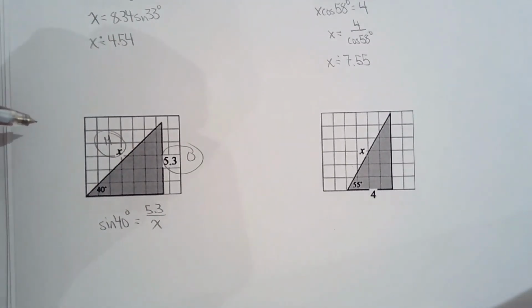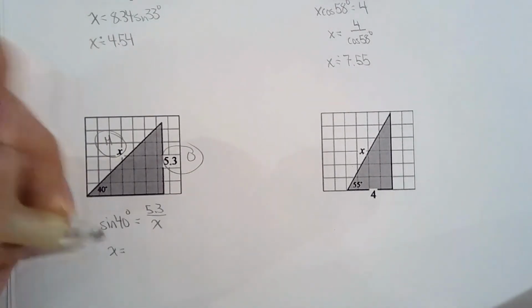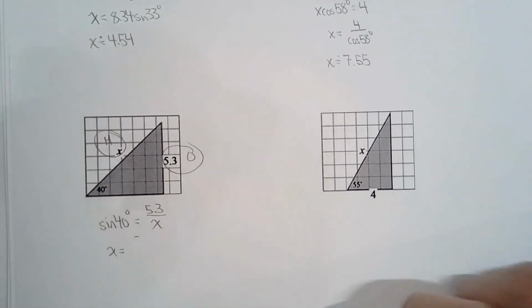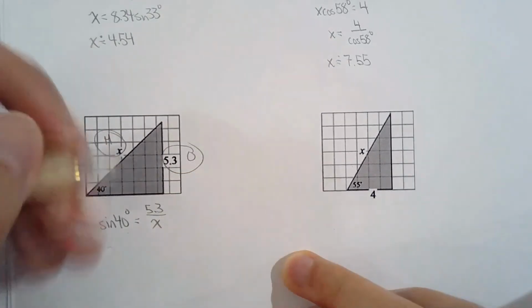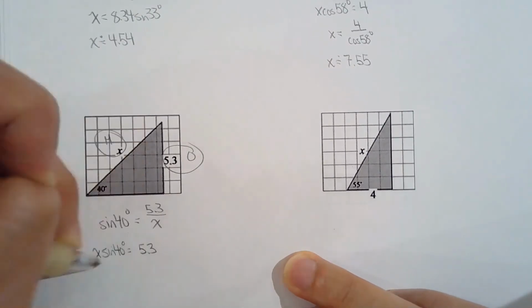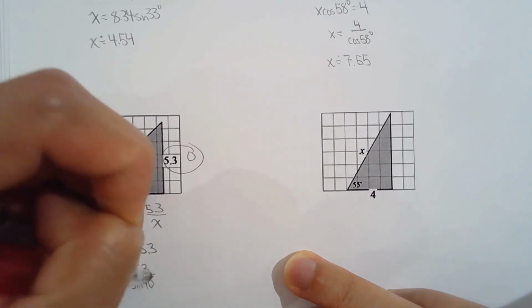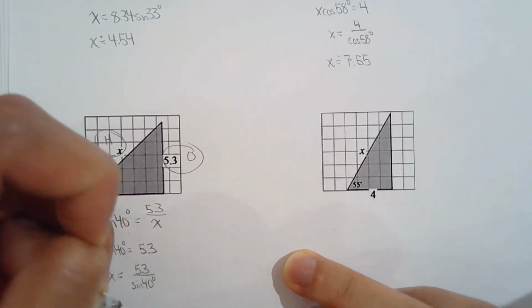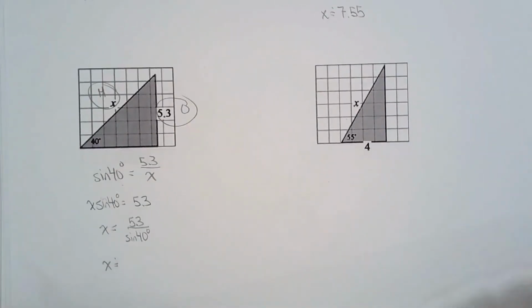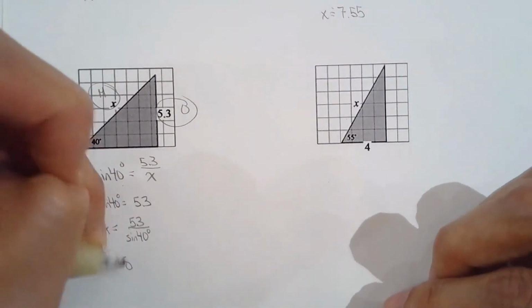If that is the case, and it is because it's based on our knowledge of similar triangles, then I can solve for x. I'm not going to skip this step. So we're looking at about 8.25 approximately.